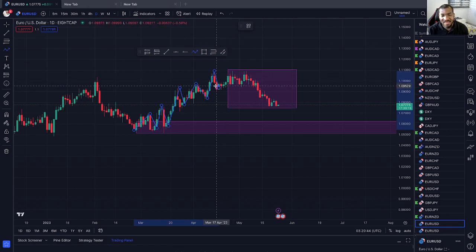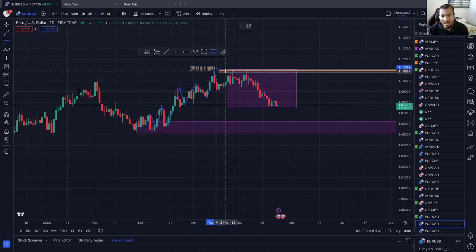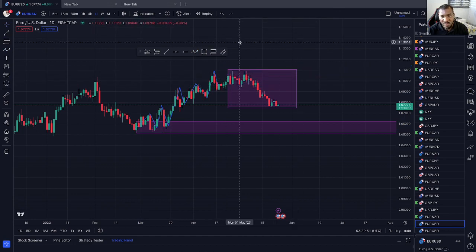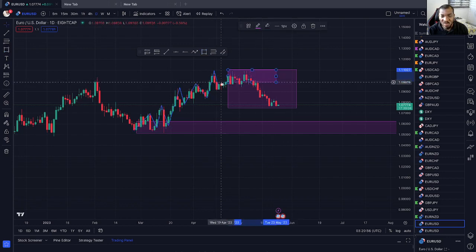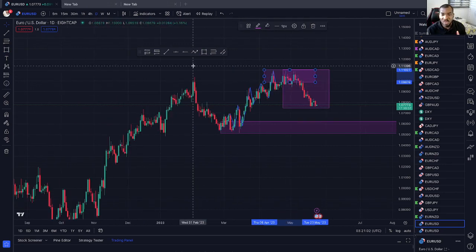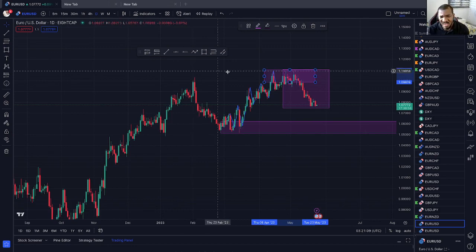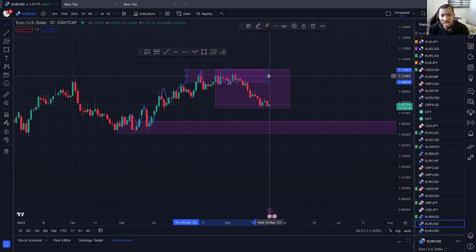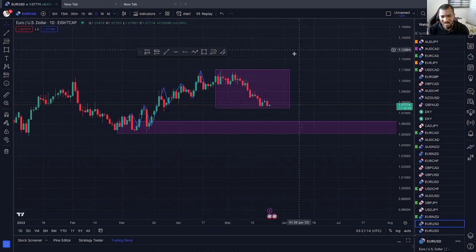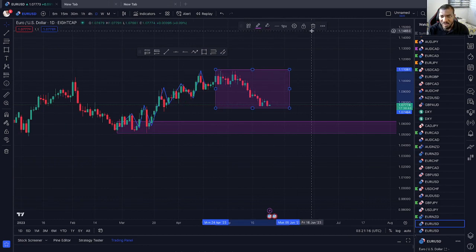And then you see at this point there was more of a consolidation in this price range, where price was failing to break this particular level it has created. So what is really happening here? Price is trying to change and go back to a particular direction, or break the door theory.